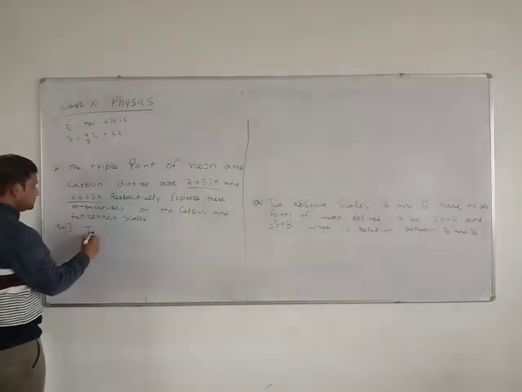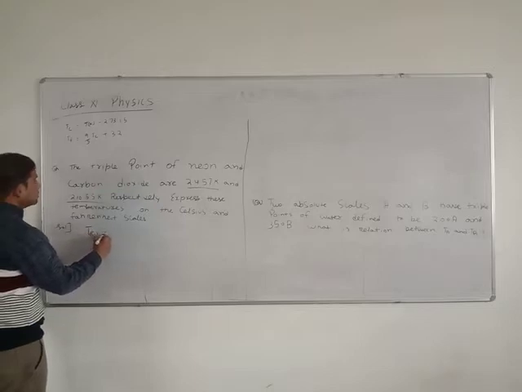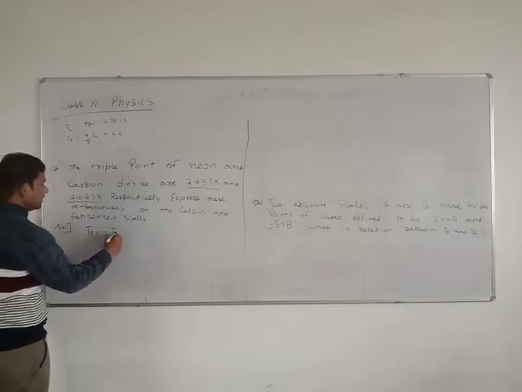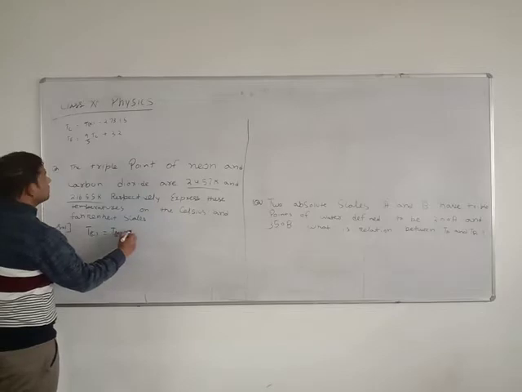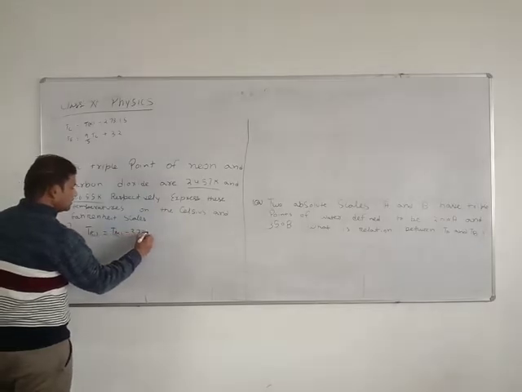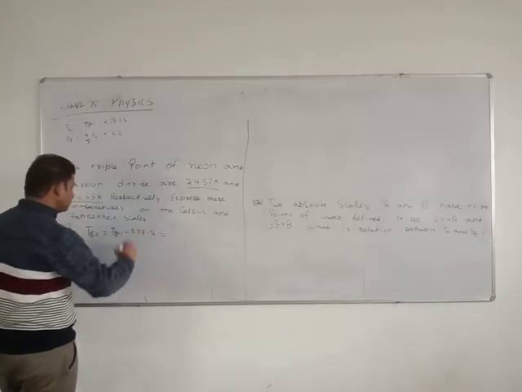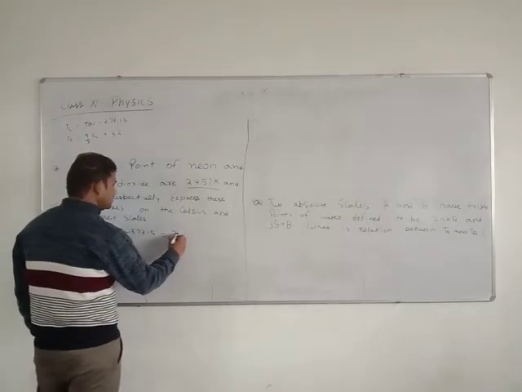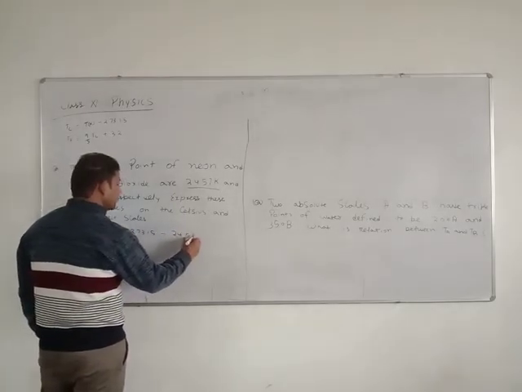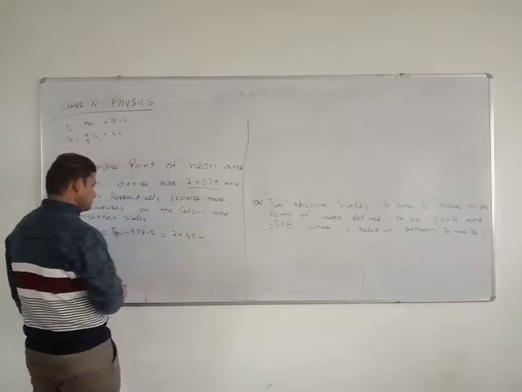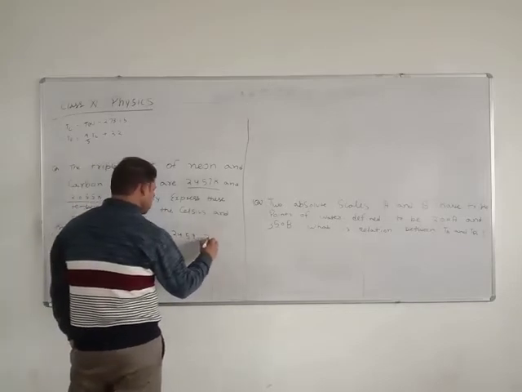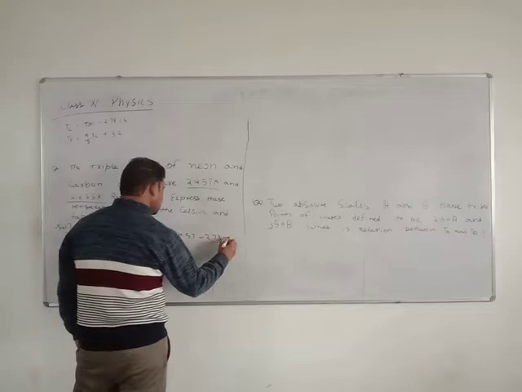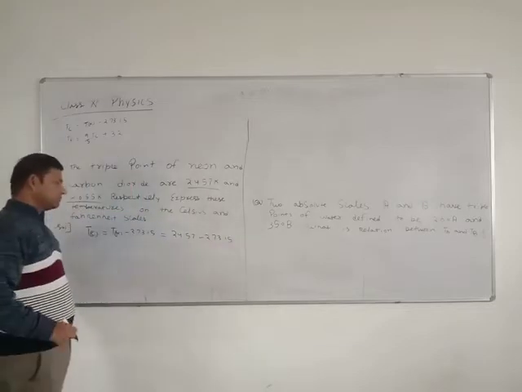Then the formula for degree Celsius is Tc equal to Tk minus 273.15. The temperature in Kelvin is 24.57, so 24.57 minus 273.15.